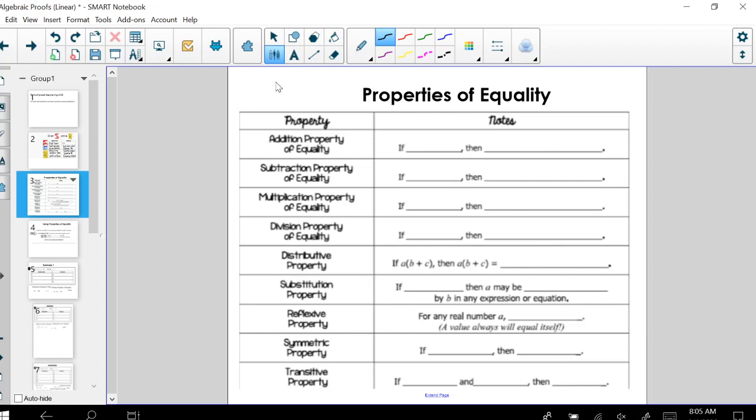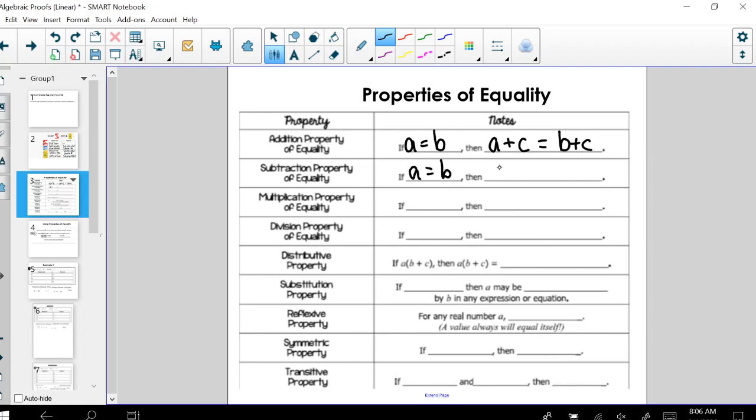So for the first one, our addition property of equality: if A equals B, then A plus C equals B plus C. Subtraction property of equality is very similar.